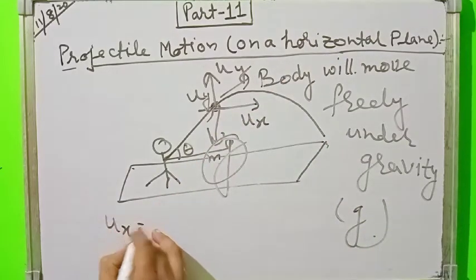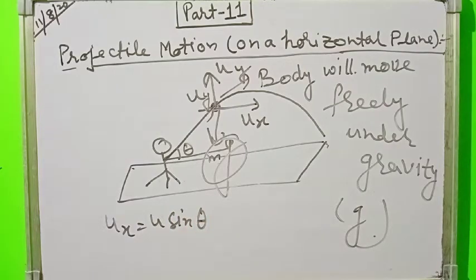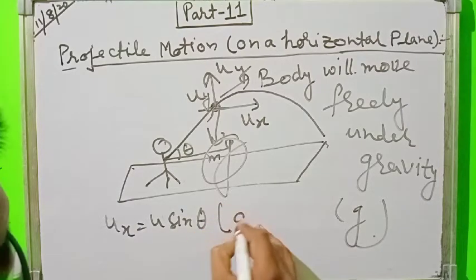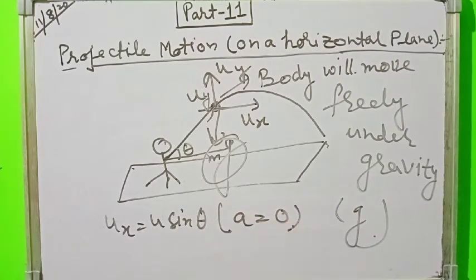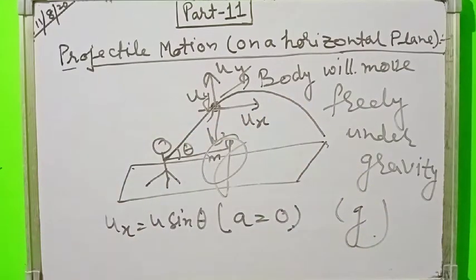In the horizontal direction there is no acceleration, which means the body moves with constant velocity ux.